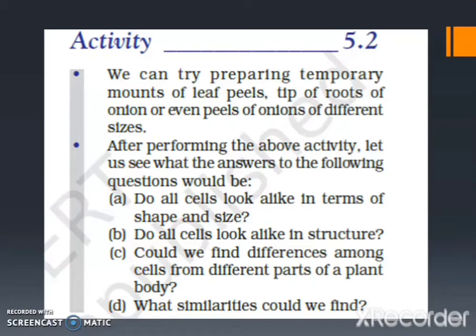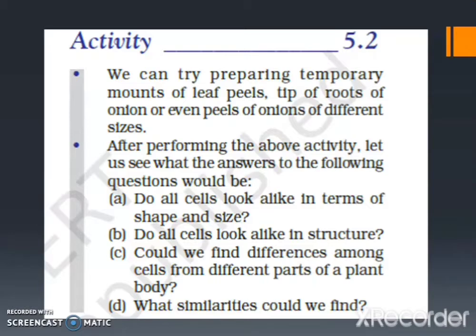After you finish the experiment, try to answer these questions. Anyway, we are not in the lab and we are not able to do that, but we have seen how the onion peel looks under the microscope, and why it is so, and what is present there. Everything I just told you, right? So using that, let us find the answers.